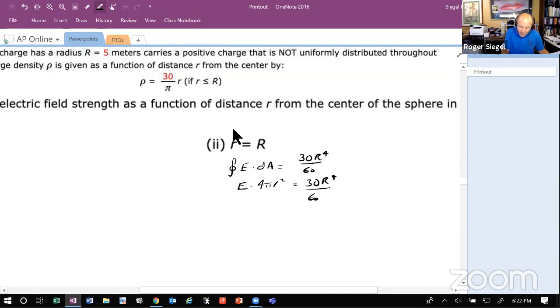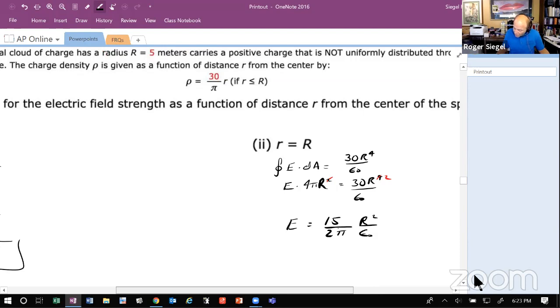I'm sorry, this is a capital R. Let me make that a capital R. And so this becomes a 0, this becomes a 2. Then we get E is equal to 15 over 2 pi, times capital R squared, over epsilon naught.